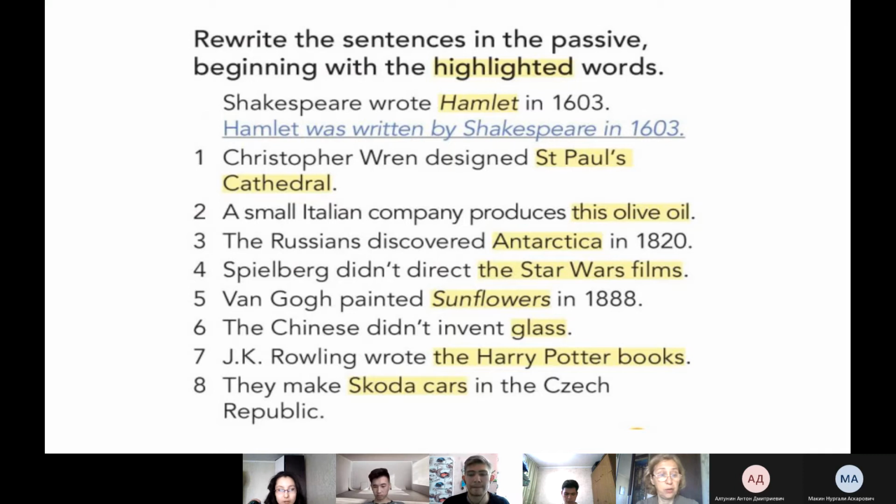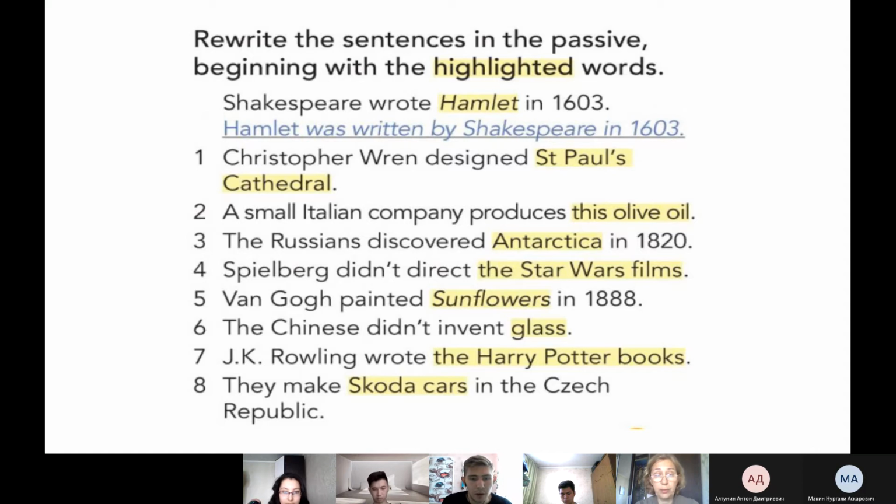Это такое название вещества. В данном случае оно неисчисляемое, поэтому форма глагола должна быть в единственном числе. So, glass было изобретено. Was invented by the Chinese. Do you see? Okay, Rodion, please.